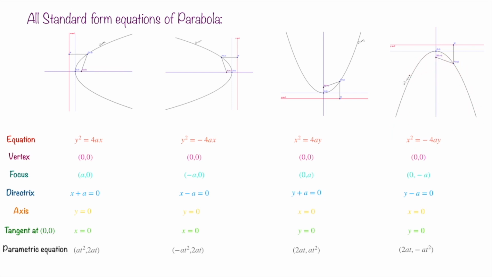As you can see, these two, y square equal to 4ax and y square equal to minus 4ax, are symmetric with respect to x-axis, and x square equal to 4ay and x square equal to minus 4ay, these two parabolas are symmetric with respect to y-axis. Fine.